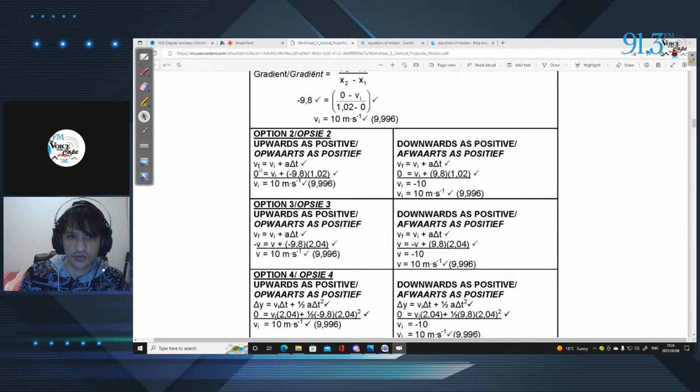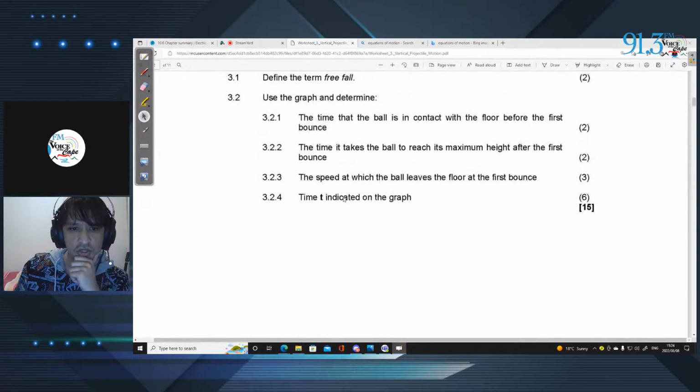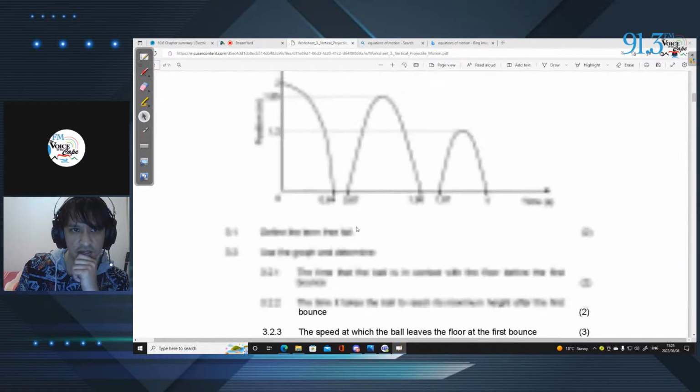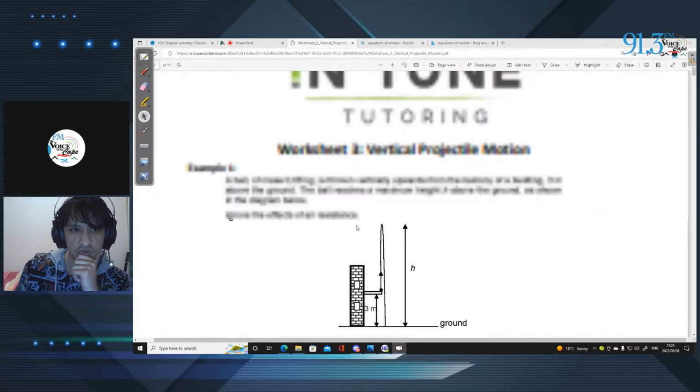Yeah, so vf is 0. Okay, so here's the equation they use. They used vf equals vi plus a delta t. They're telling us that the final velocity is 0 and our initial velocity is unknown. So that's what the question is asking. And then they got negative 9.8, which is correct. And the time is 1.02 seconds. That's the change in time. I feel like something's a bit off here.